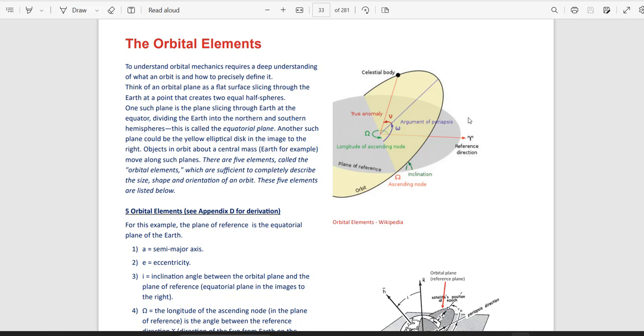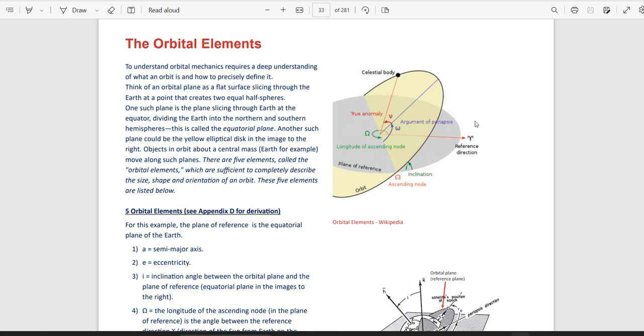To understand orbital mechanics requires a deep understanding of what an orbit is and how to precisely define it. Think of an orbital plane as a flat surface slicing through the Earth at a point that creates 2 equal half-spheres. One such plane is the plane slicing through Earth at the equator, dividing the Earth into the northern and southern hemispheres. This is called the equatorial plane.